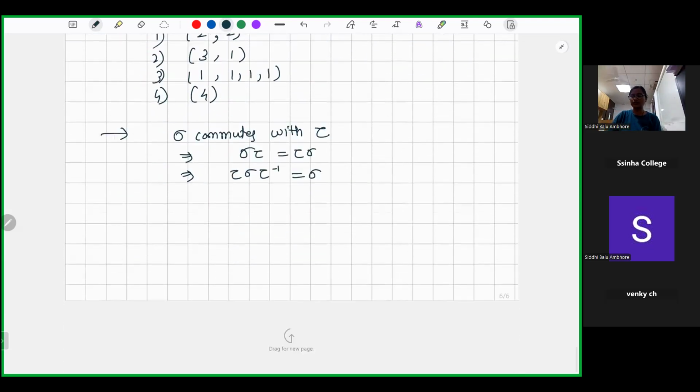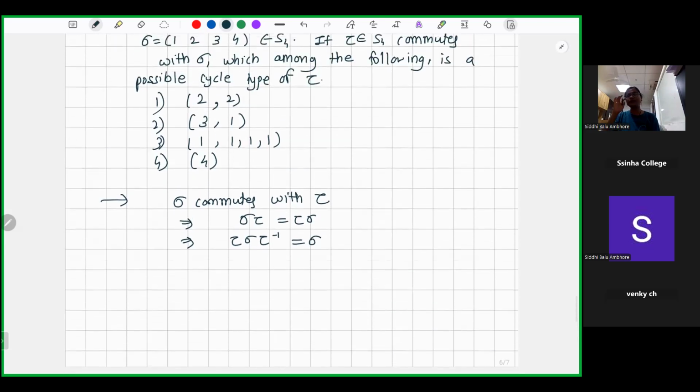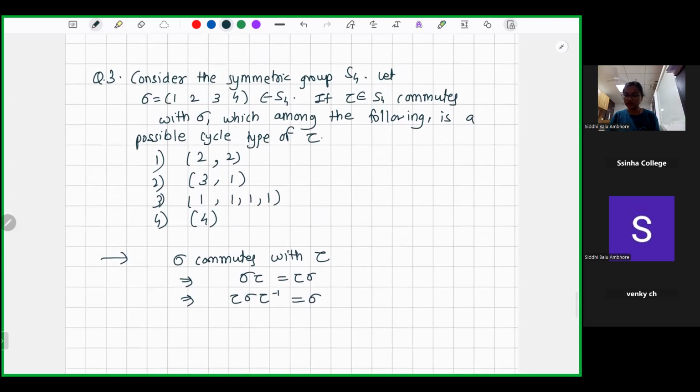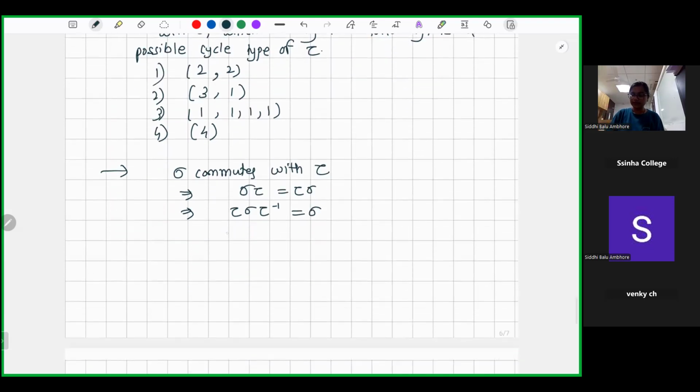So what we are saying is that tau is something which fixes sigma under the conjugacy action. And when that happens, the number of cycles here and the number of cycles in tau must be of similar kind.